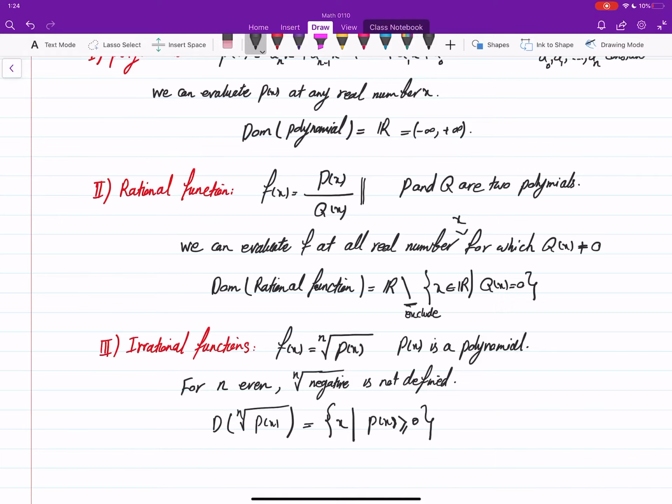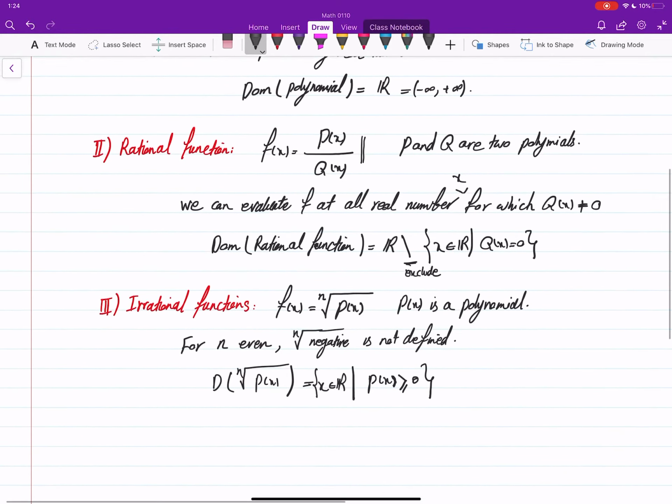So we have to find all real numbers x for which p(x) is non-negative. In other words, you have to find the sign table and fix all such points.